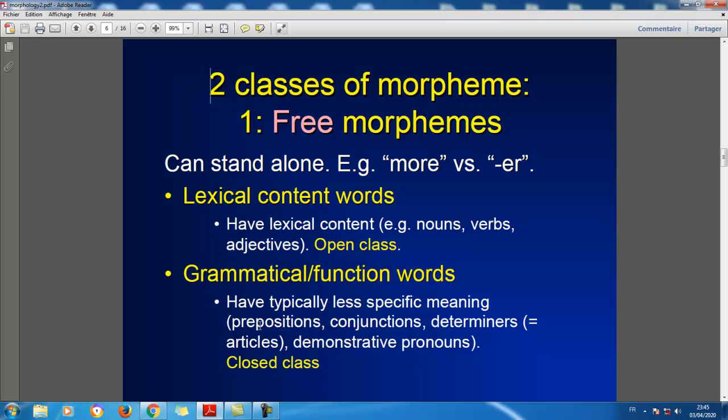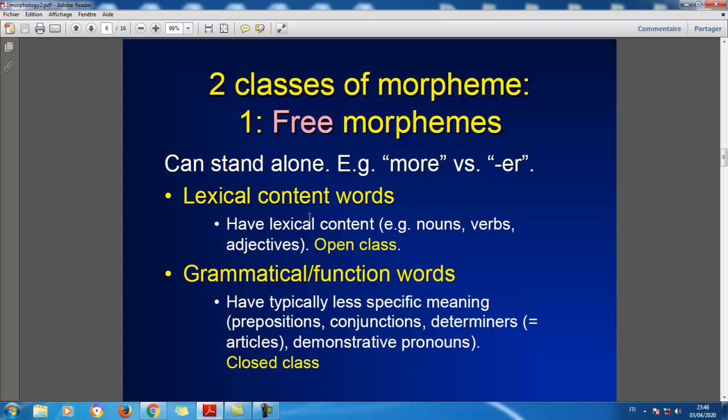We know the prepositions in English, we know the conjunctions, we know determiners. So these are closed classes. They are not open because it's possible to limit the number of the words included in these categories here. But these words which belong to the closed classes, they have got less specific meaning.